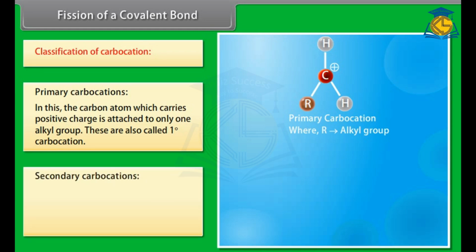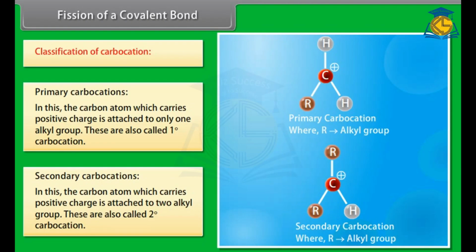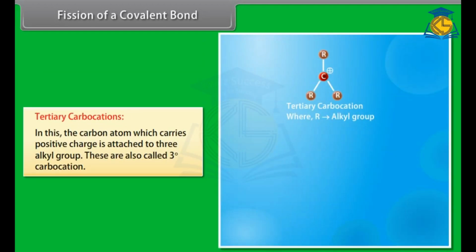Secondary carbocations. In this, the carbon atom which carries positive charge is attached to two alkyl groups. These are also called 2-degree carbocation. Tertiary carbocations. In this, the carbon atom which carries positive charge is attached to three alkyl groups.